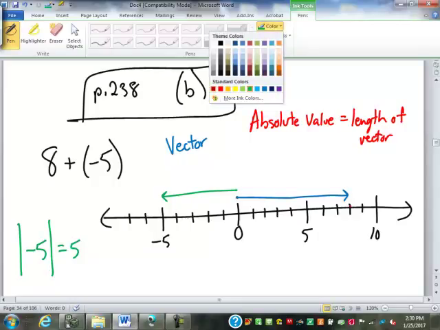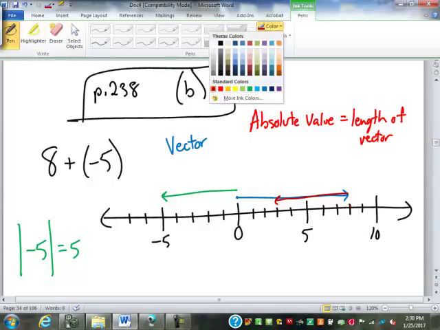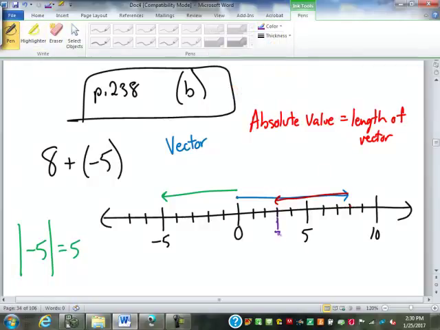So if you recall, when we go to add these integers, these positives and negatives, we take one of the vectors and we put it with the other one. So I'm going to move the negative 5 to combine it with the 8. It's going to look like that. And it ends up at 3.